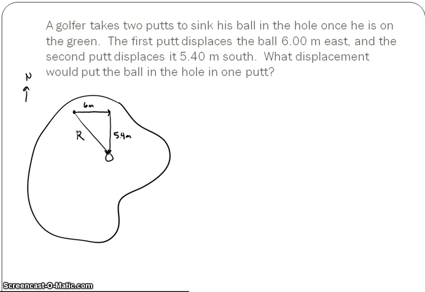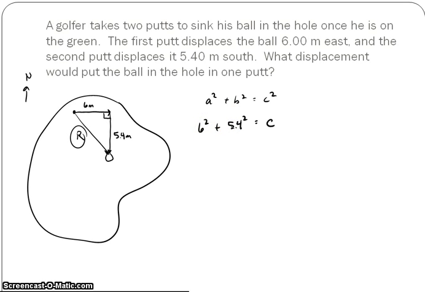You can see that this forms a right triangle. I have the 2 legs of my right triangle, and I'm looking for the hypotenuse. So it's a squared plus b squared equals c squared. I do the square root of 6 squared plus 5.4 squared.